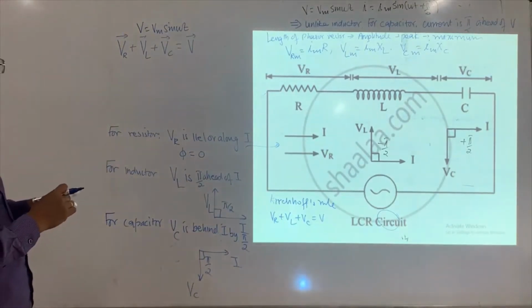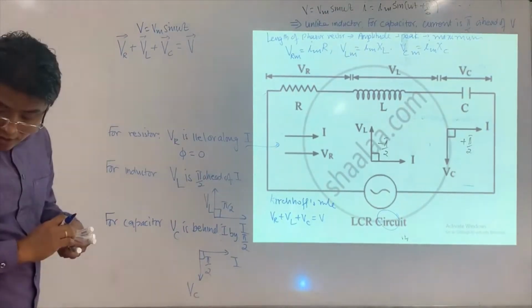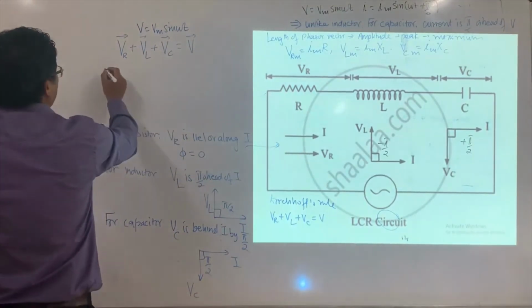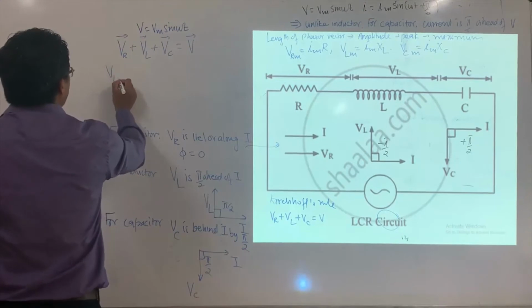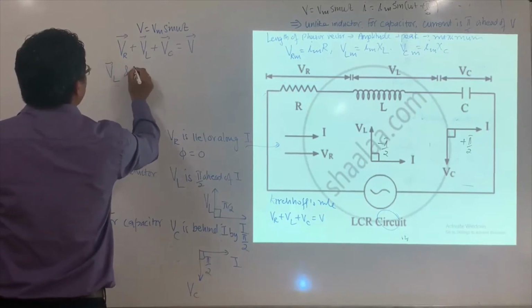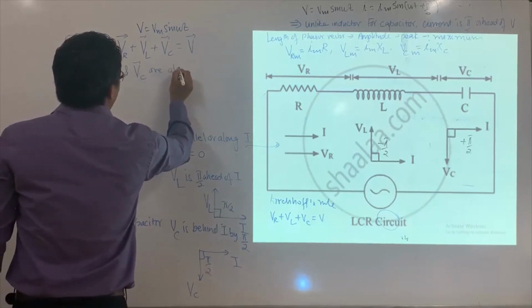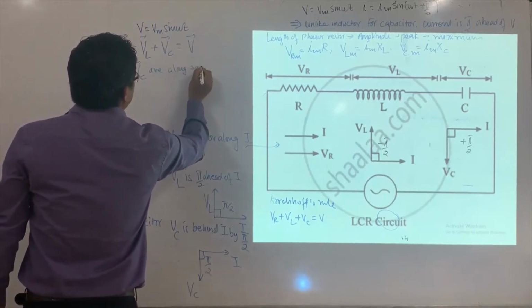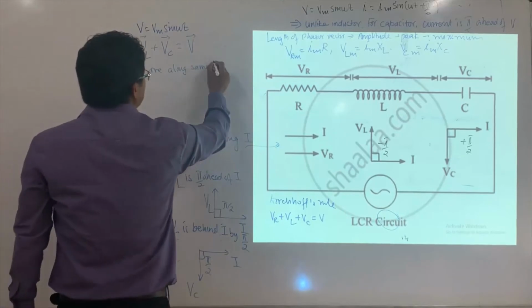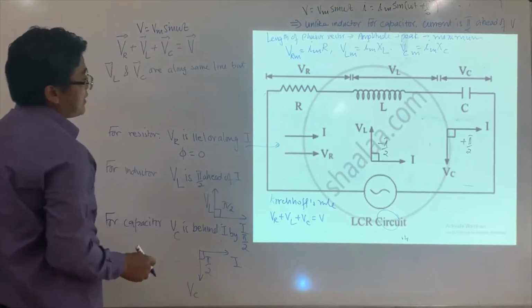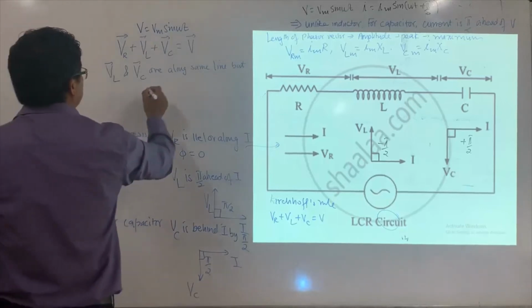Now look here. We say that vectors VL and VC are along the same line but in opposite directions.